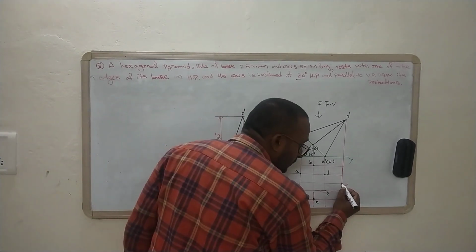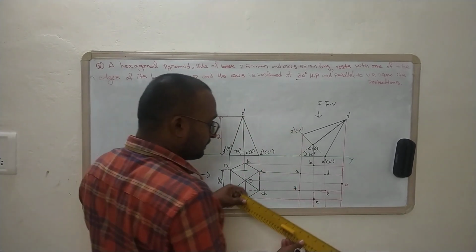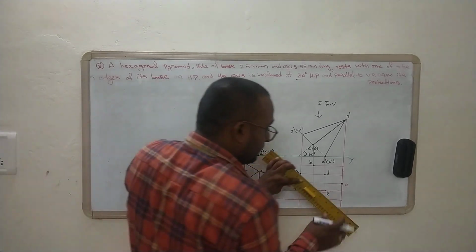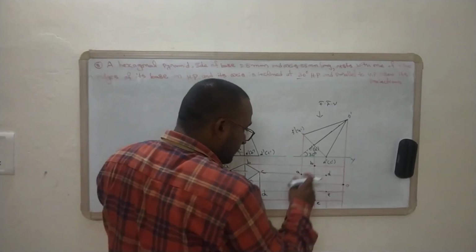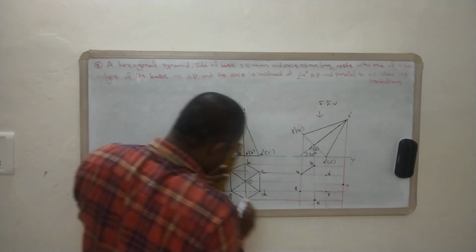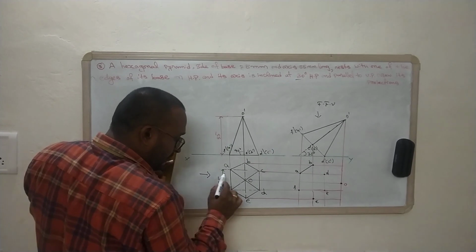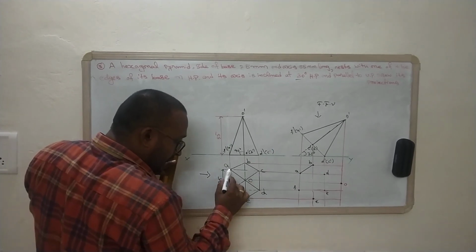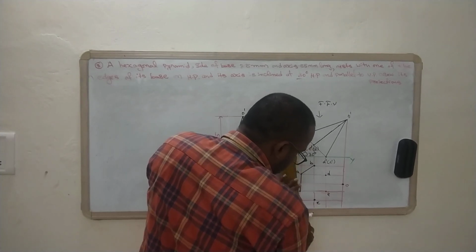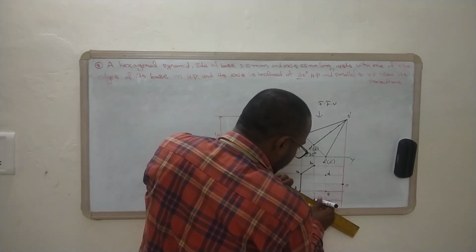So here this is the O point. So we need to mark the remaining surfaces. Here it is AB is visible. AB visible when you are going to see from the top view, and then AF is true length, and then FC is visible.